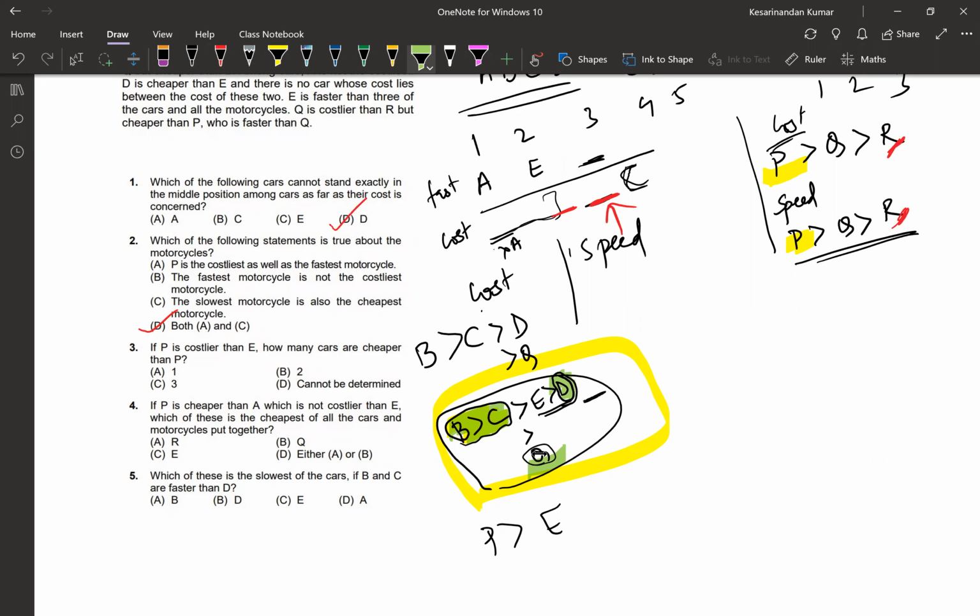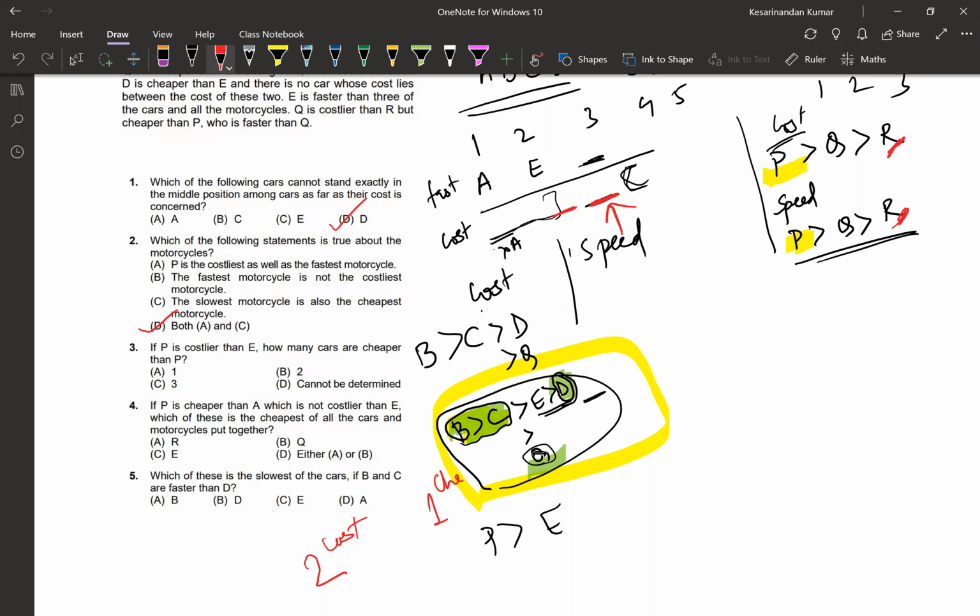So I can be sure of two cars that they are costlier, and I can be sure of one car that it is cheaper. I had to decide for two other cars as well, and that is A and Q, which I have no idea of.